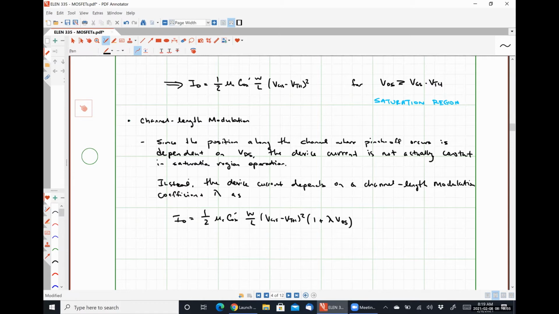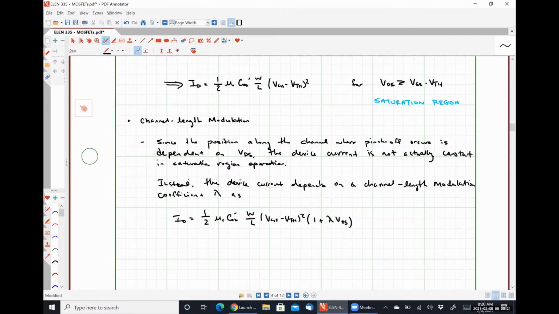Now, obviously, this effect only occurs when we're in the saturation region because it is telling us what's happening while we shift our pinch off point to the left, and we don't have pinch off in triode. So it's only applicable within the saturation region, okay?